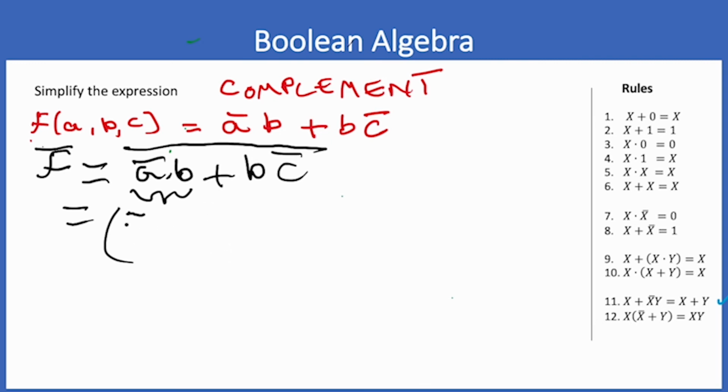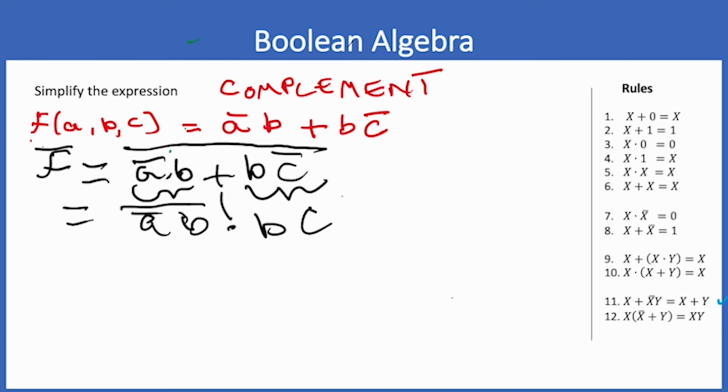I'm sorry. Let's rewind that. I'm going to do each individual term. See, I messed up. Okay, I'm going to complement each individual term. So I'm going to get A bar B, complemented, that's the first term. Change this to a multiply. And then we got B, C bar, complemented.